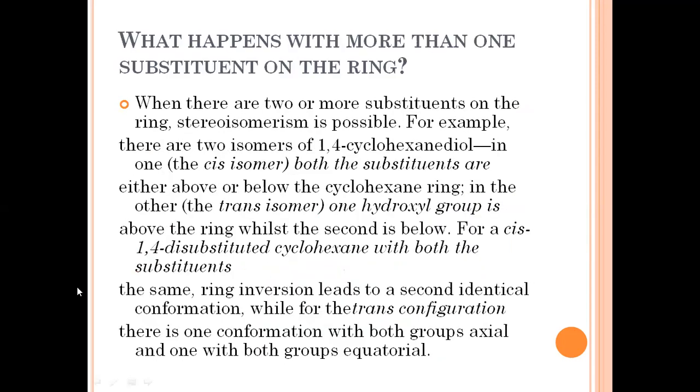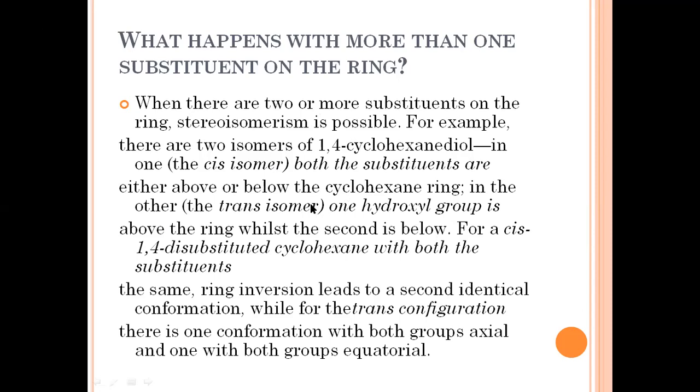So this is all about a mono-substituted cyclohexane, for which we took the example of methylcyclohexane. But what happens if the cyclohexane molecule has more than one substituent on the ring? When there are two or more substituents on the ring, stereoisomers are possible.